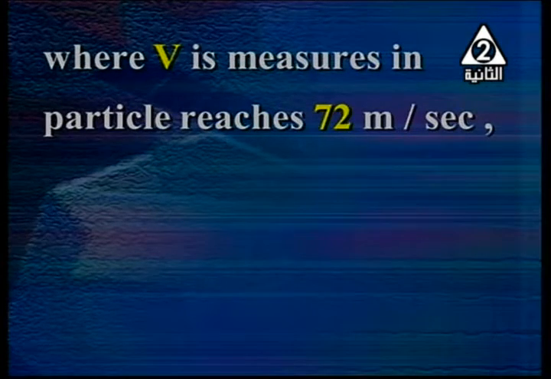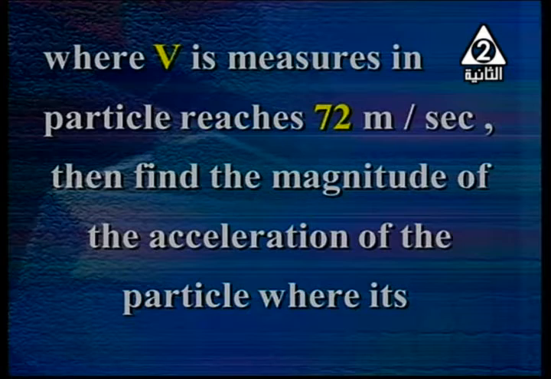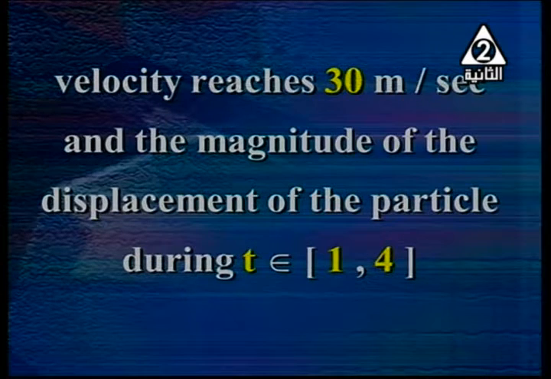When the particle reaches 72 meters per second, find the magnitude of acceleration of the particle when its velocity reaches 30 meters per second, and the magnitude of displacement of the particle during t belonging to the closed interval 1 to 4.